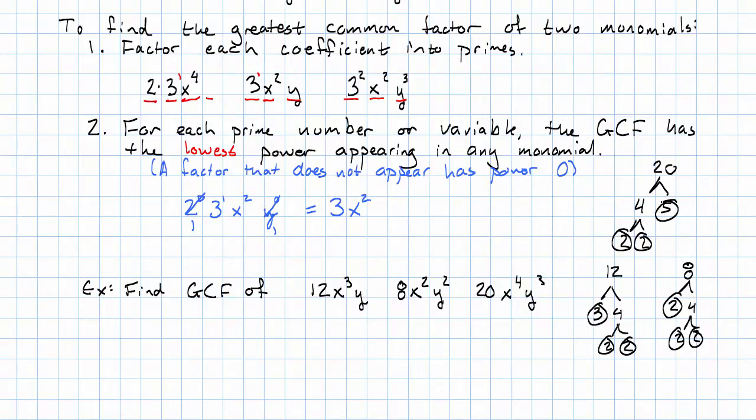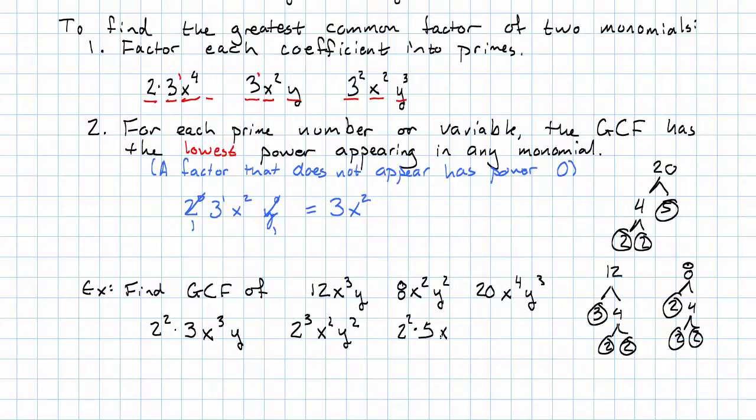So let's see. My 12, that's going to be 2 squared times 3. And then I've got an x cubed y. My 8, that's going to be 2 to the third. And then I've got x squared y squared. And my 20, that's going to be 2 squared times 5.